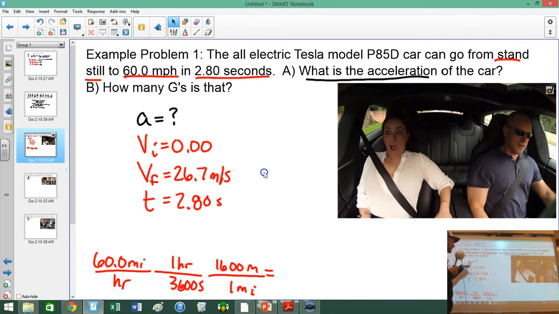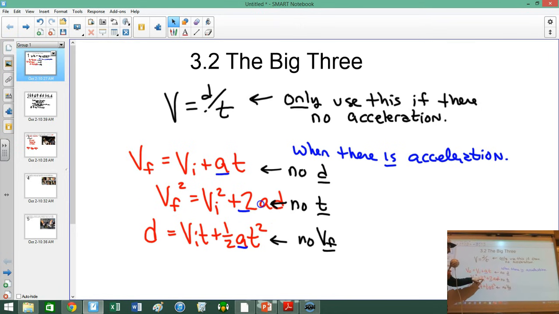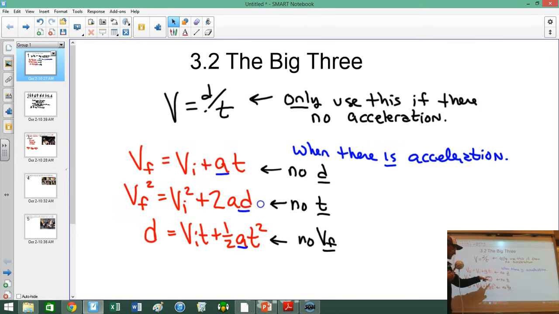So here's step one. What am I looking for, and what do I have? Now, I try to relate that to one of the equations. Is there an equation that has VI, VF, A, and T in it? So I look through here. VI, VF, A, and T. That's it. I can't use the second one because I don't have the letter D. There's no distance or displacement asked.